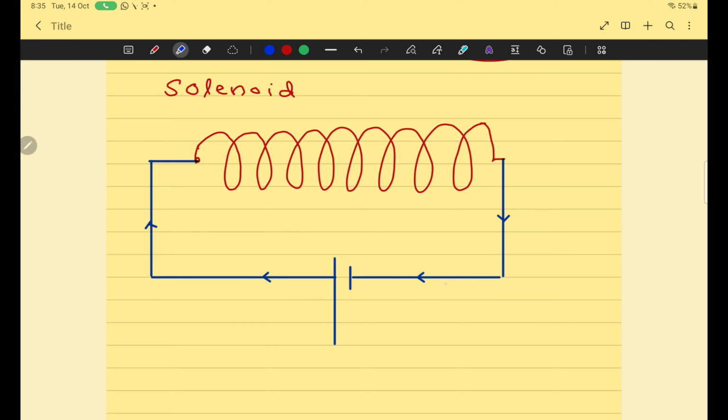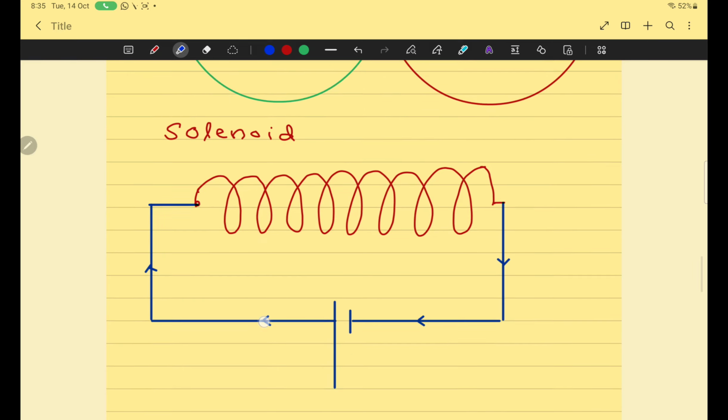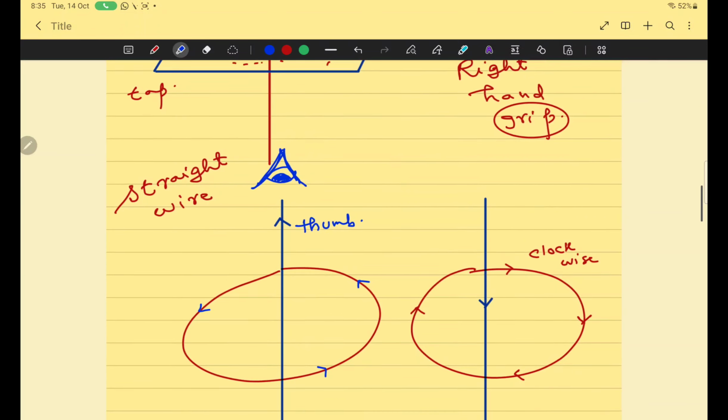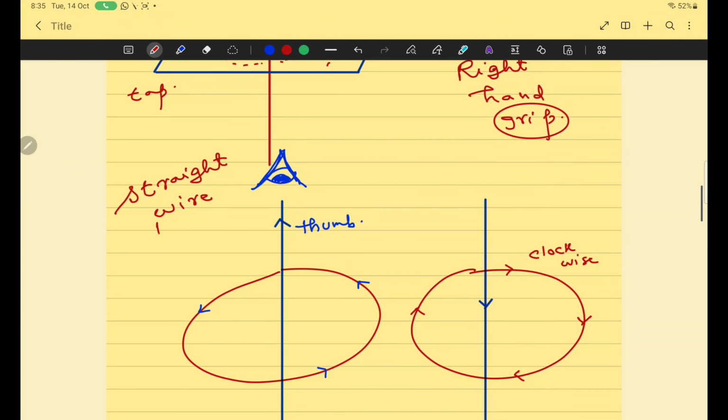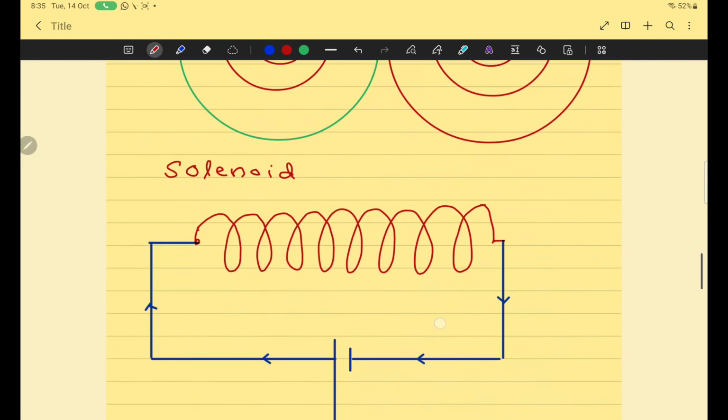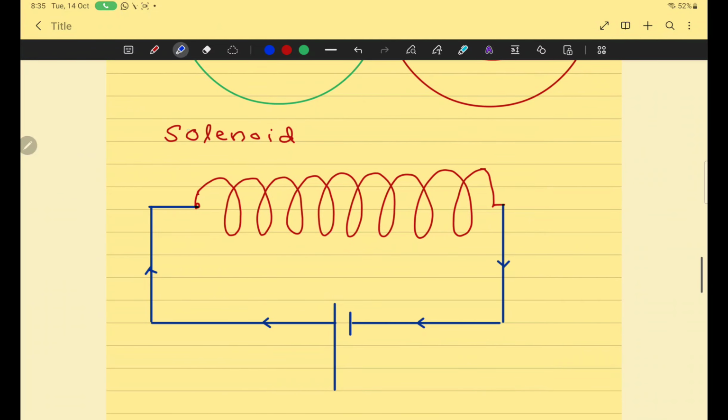So when current passes through a solenoid, again a magnetic field is produced. And remember, the magnetic field around a straight wire is very weak, and it has no significant application. But when wire is wound in the form of a coil, the magnetic field is very strong.